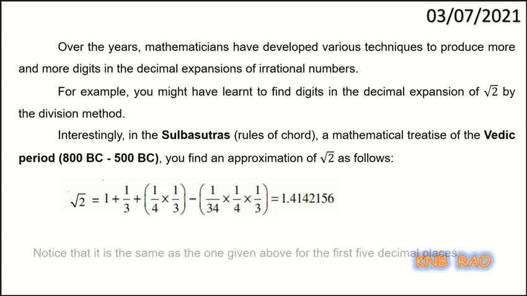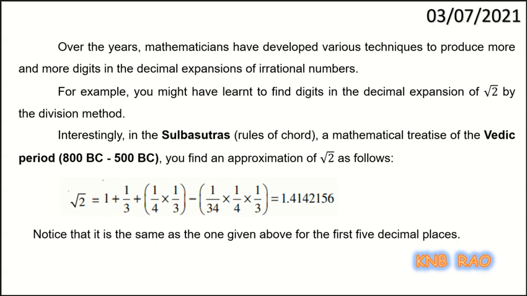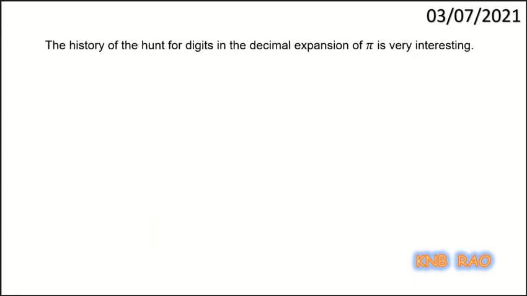So, notice that this is the same as the one given above for the first 5 decimal places. The history of the hunt for digits in the decimal expansion of pi is very interesting. These are all the historical notes of these irrational numbers.